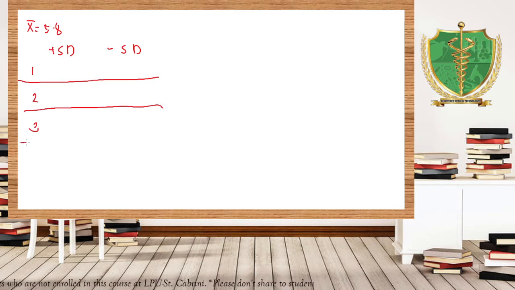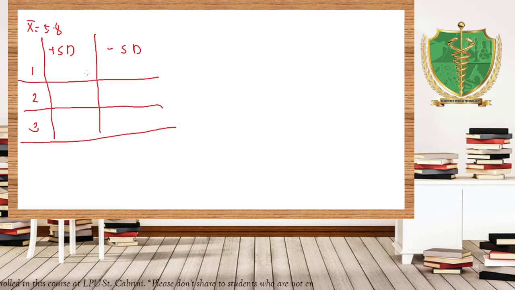So for positive SD and negative SD, 1: 5.8 plus 1 is 6.8. 5.8 minus 1 is 4.8. 5.8 plus 2 is 7.8. 5.8 minus 2 is 3.8. 5.8 plus 3 is 8.8. 5.8 minus 3 is 2.8.